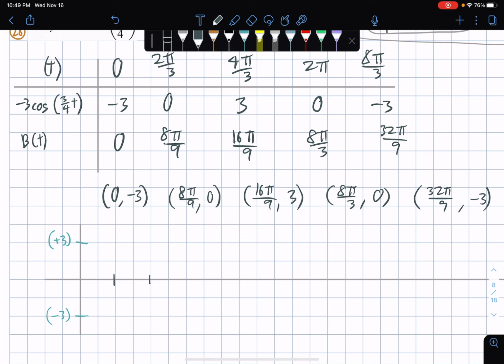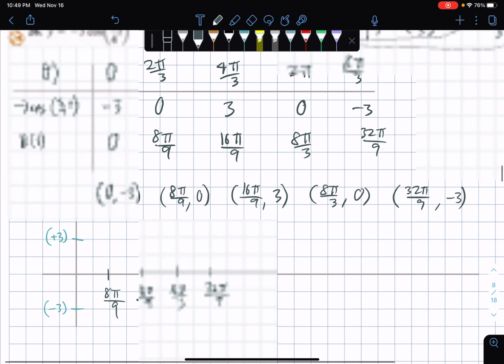The x values 8 pi over 9, 16 pi over 9, 8 pi over 3, 32 pi over 9.